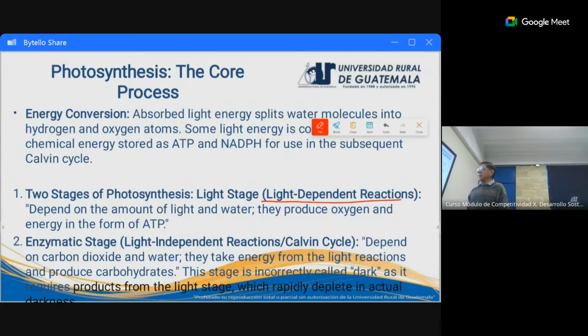And the second process is the enzymatic stage, that is the light independent reaction or carbon cycle. It depends on carbon dioxide and water. They take energy from the light reactions and produce carbohydrates. This stage is incorrectly called dark, as it requires products from the light stage, which are rapidly split in actual darkness. So this is a summary of the previous information.